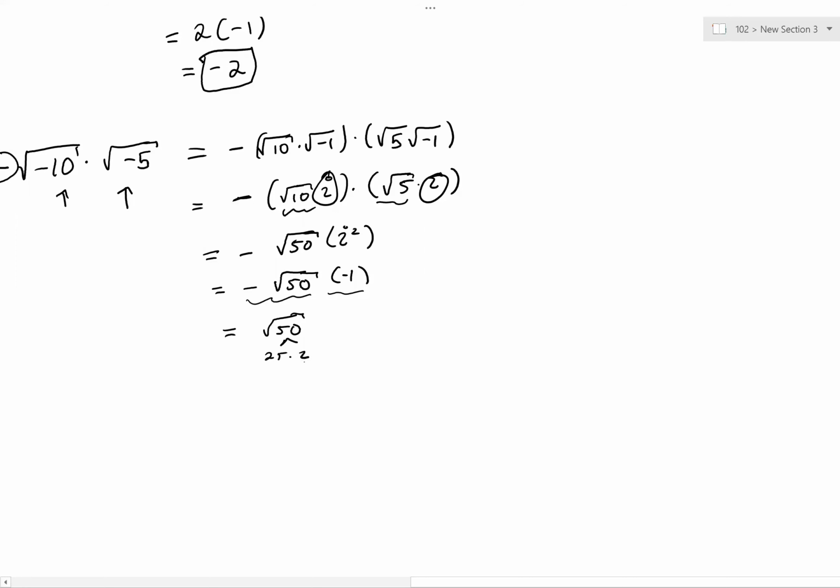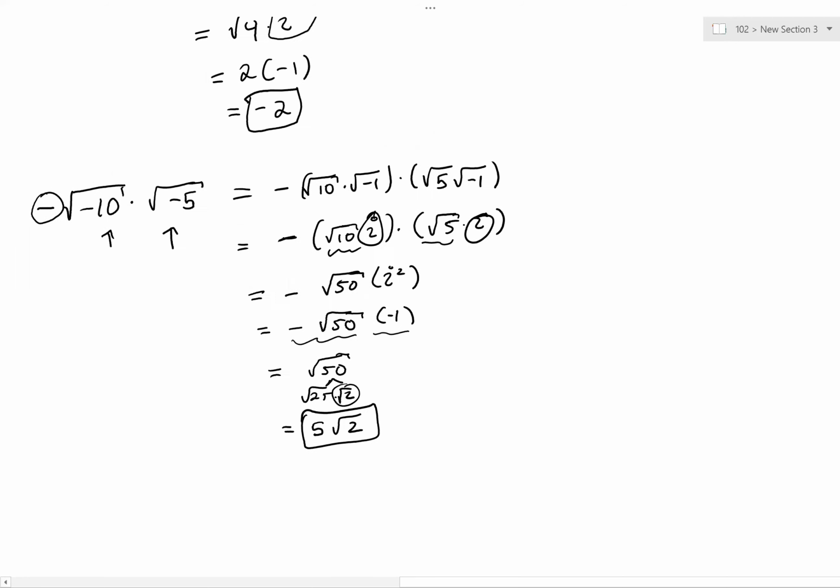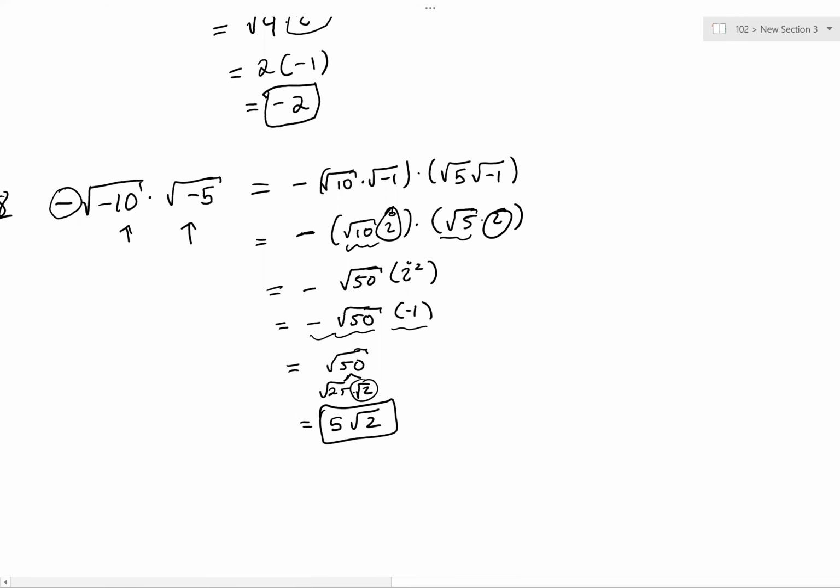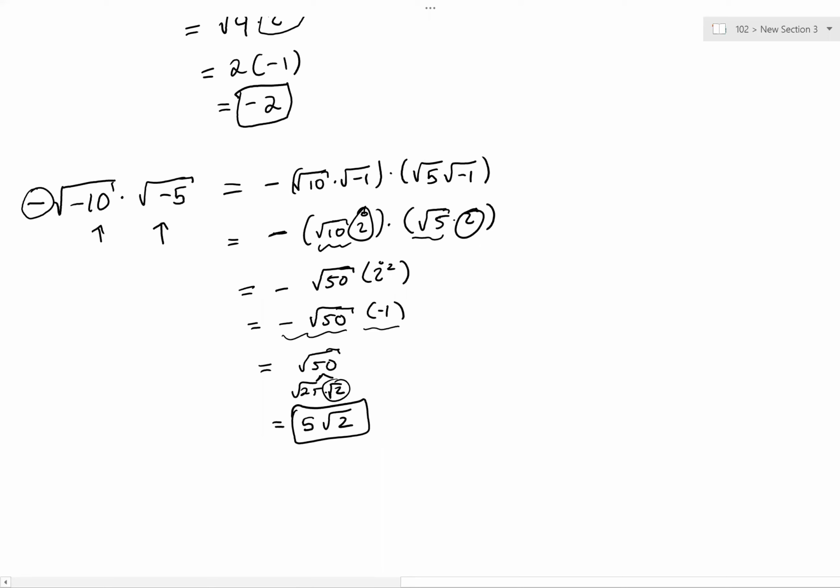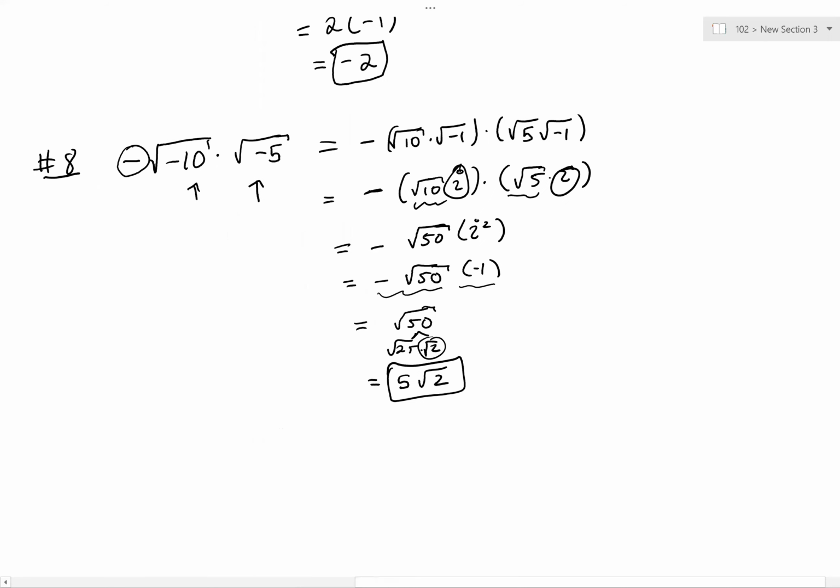It's 25 times 2. So the square root of 50 is the square root of 25 times the square root of 2. Square root of 25 is 5, and I'm just left with that square root of 2. Again, we see that there's no imaginary component at the end, and that's because the i squared simplified to a real number, -1.